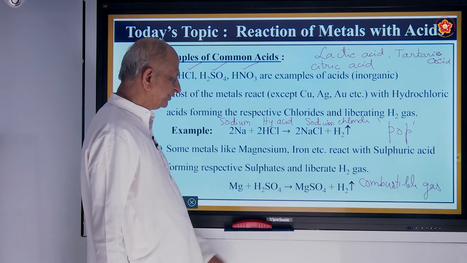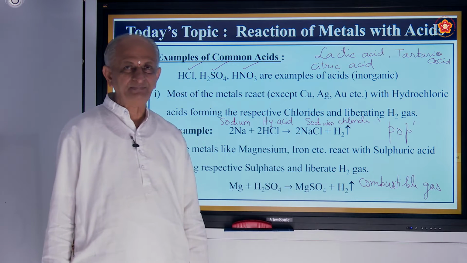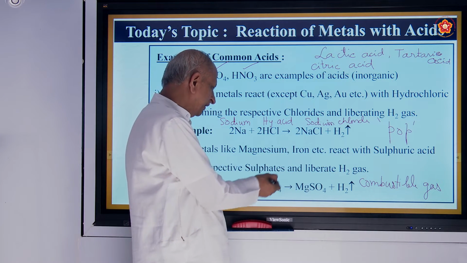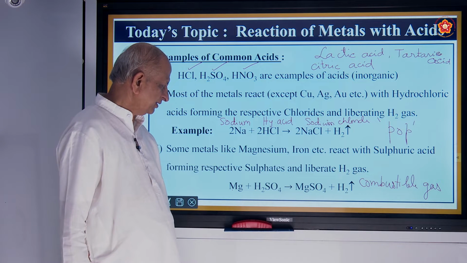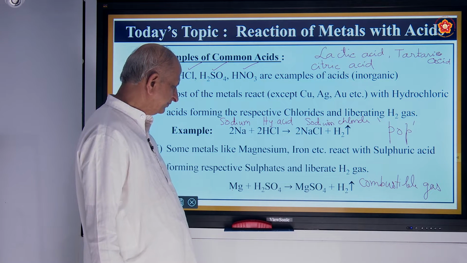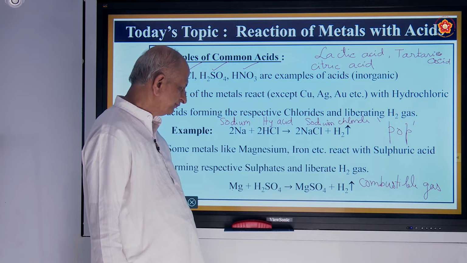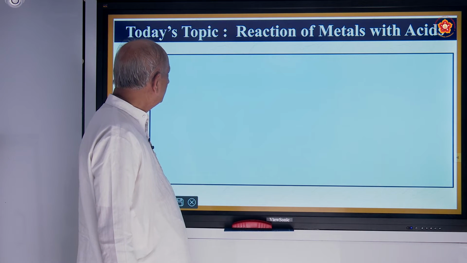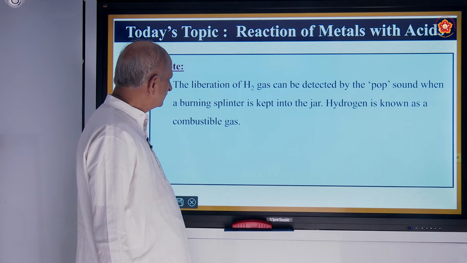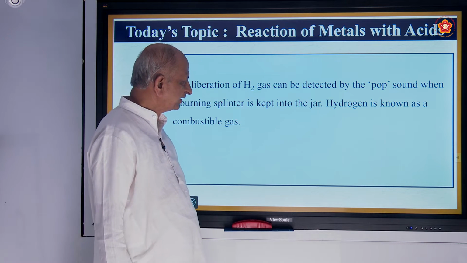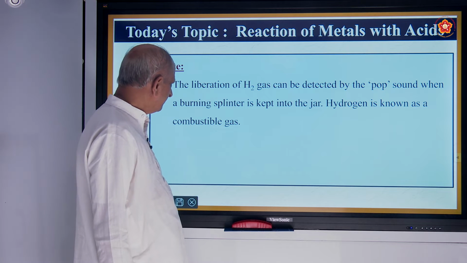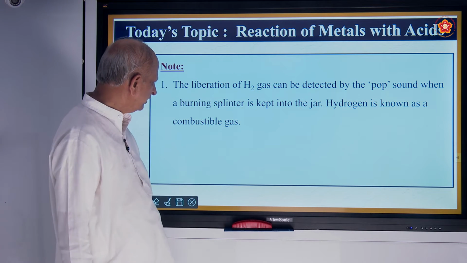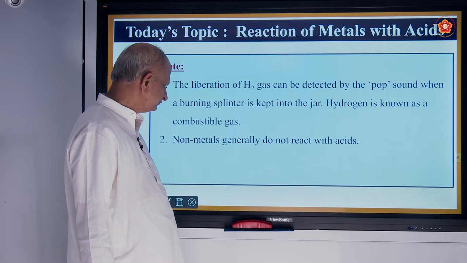That's why it gives a pop noise with a burning splinter. Similarly, iron also reacts. The liberation of hydrogen gas can be detected by the pop sound when a burning splinter is kept into the jar. Hydrogen is known as a combustible gas.